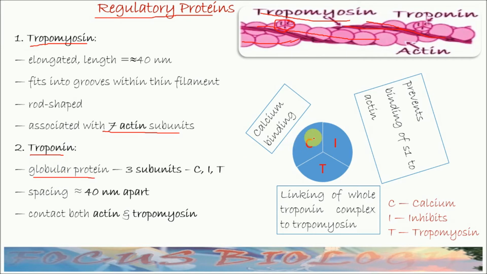One is called troponin C, another is called troponin I, and another is called troponin T. This C subunit is called calcium binding subunit, as calcium ion binds with this subunit, and this troponin I subunit inhibits the binding of S1, that is myosin head, to actin molecule, and this T subunit links the whole troponin molecule to tropomyosin molecule.